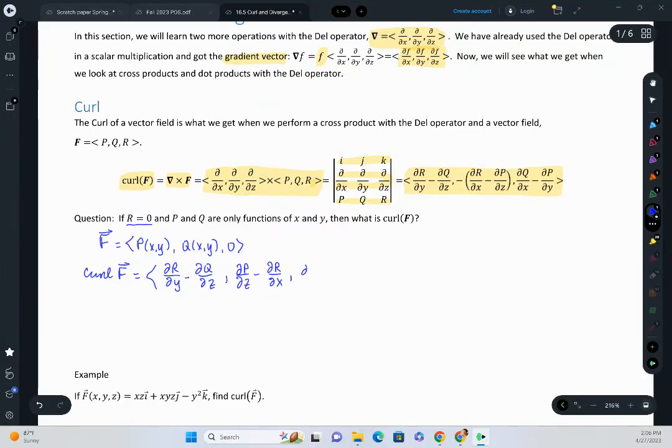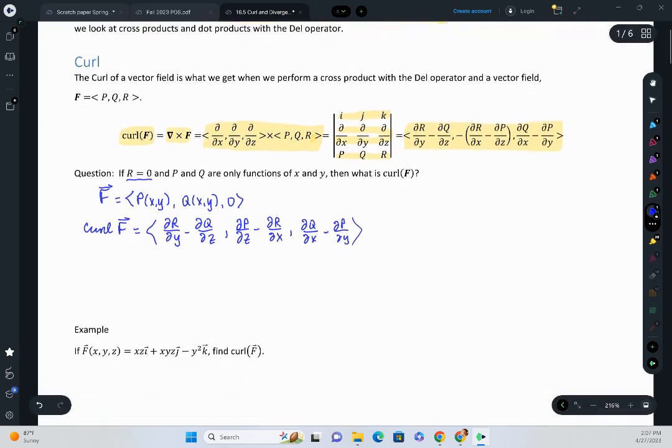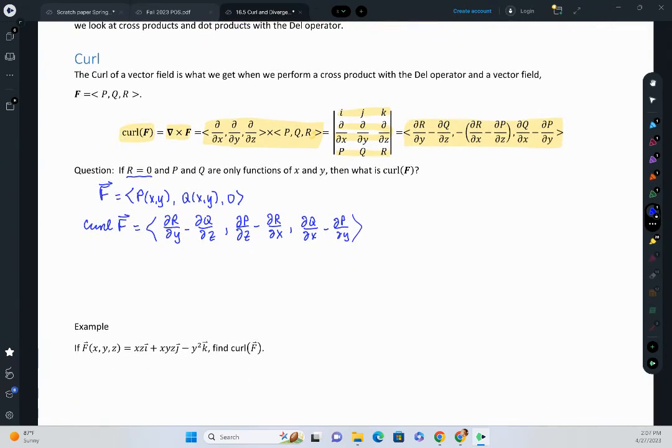And the third component is del Q/del x minus del P/del y. And we want to know, what does this become? Hold on, that should not be a bracket, that should be an angle bracket. Okay, so if I try to find del R/del y, I'm going to go up to my R component in F, and it's 0. So the derivative of 0 with respect to any variable is just going to be 0.